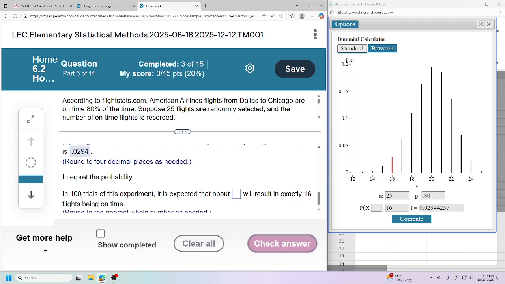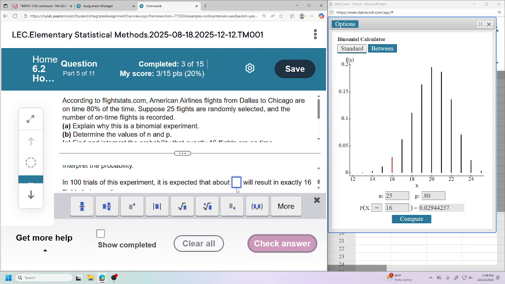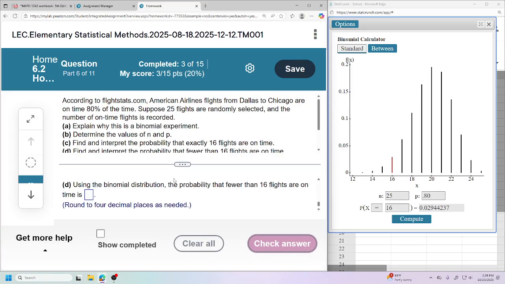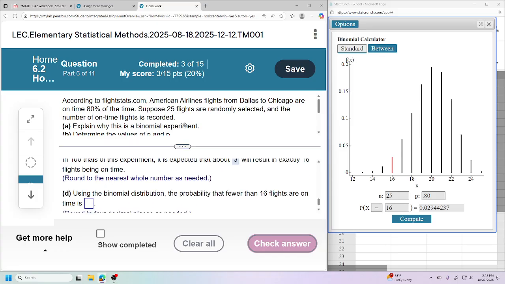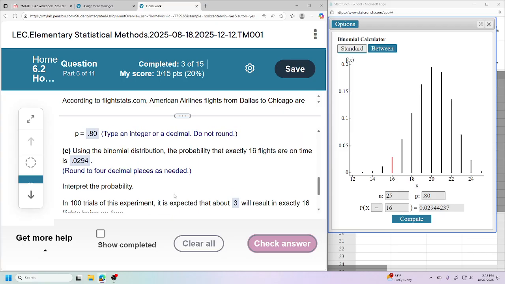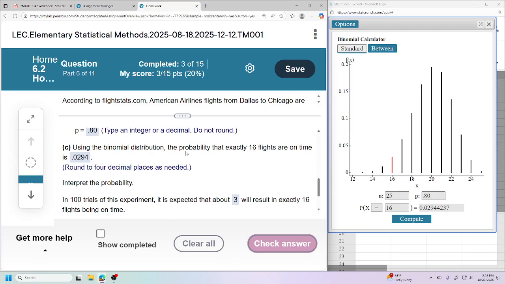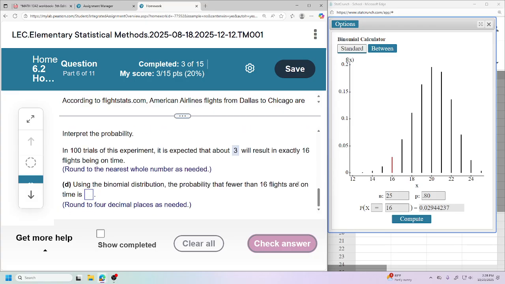Out of 100 trials, what would you expect? Well, if I move the decimal place twice, I get 2.9. If I round it up to a whole number, what would it be? 2.9 is 3. Yep, you got it. It's 3. Or you can use a calculator, obviously. Say times 100. Fewer than 16.